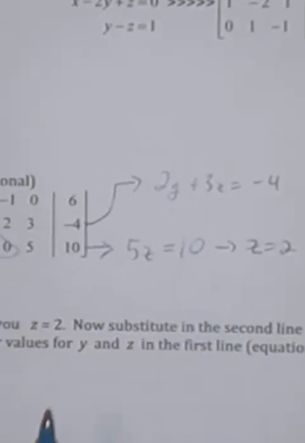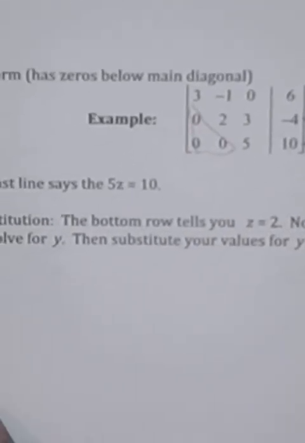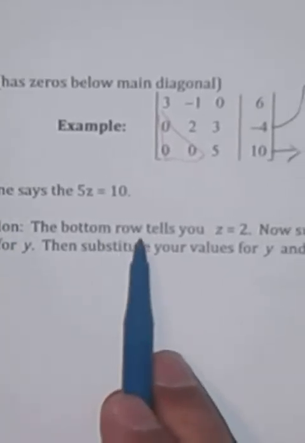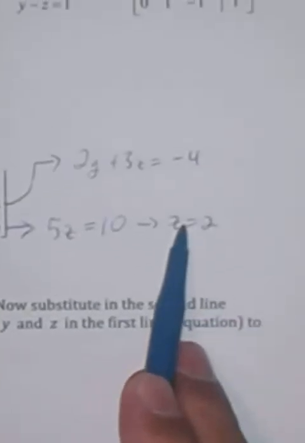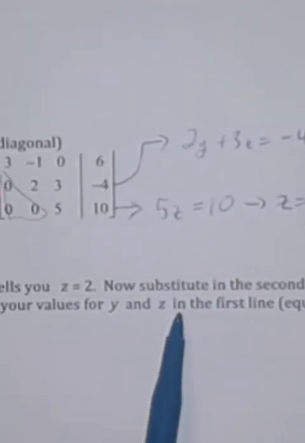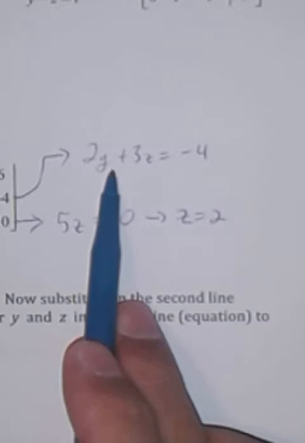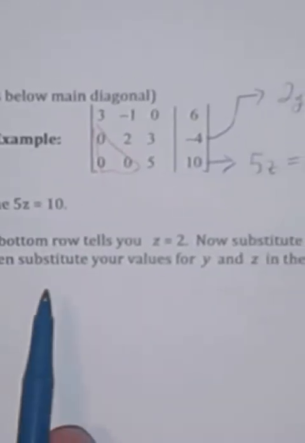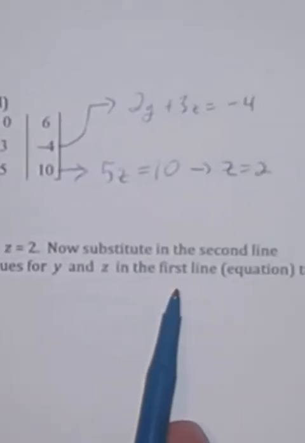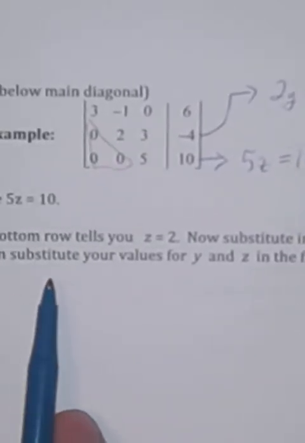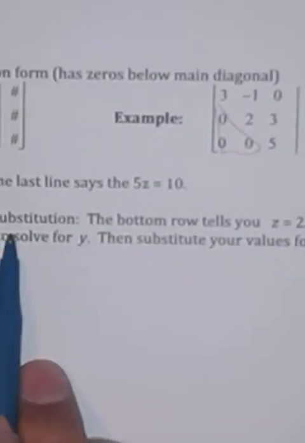Let's pause there and just look at this next thing that says backward substitution. And this says the bottom row tells us z equals 2. That's referring to this system right here that we're looking at. Now substitute in the second line, that's the one we just wrote, and solve for y. Then substitute your values for y and z into the first equation to solve for x. This is called backward substitution.